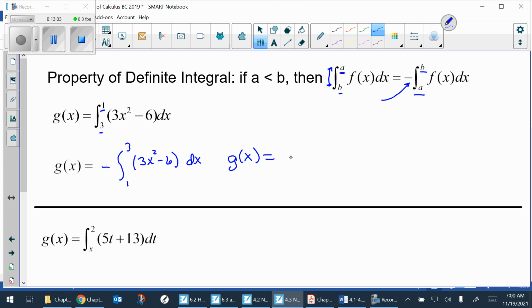We would have the opposite. We'd have x cubed minus 6x, evaluated between 1 and 3. And when we put a 3 in here, I think we did this before, and we got 9. Minus, when we put a 1 in here, I think we got negative 5. We're going to remember that in the end, we're going to take the opposite of this answer. So I think we're going to get negative 14 as our final result.